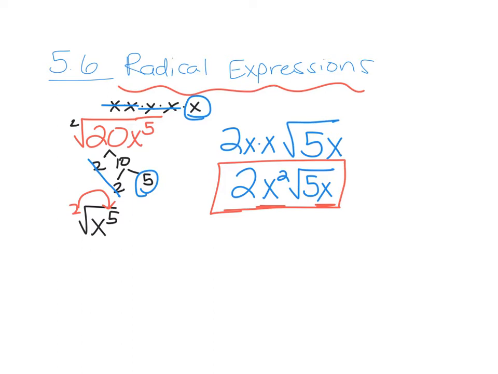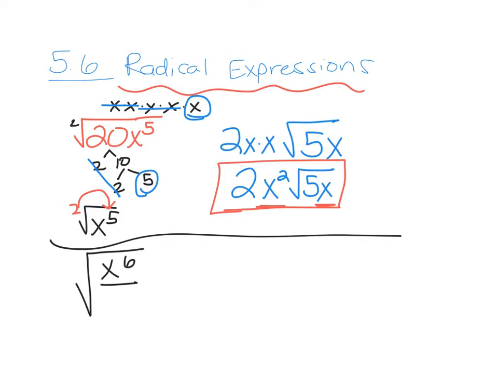So you might also see something like a fraction when you're dealing with these. So if I had the square root of x to the 6th over 25, let's say, and let's say that the root on the outside is 3. So I can break this down. This would be the third root of x to the 6th over the third root of 25.